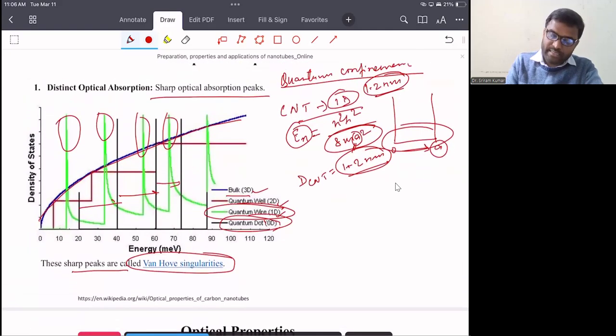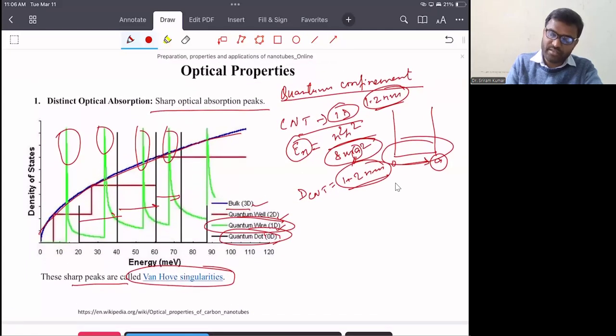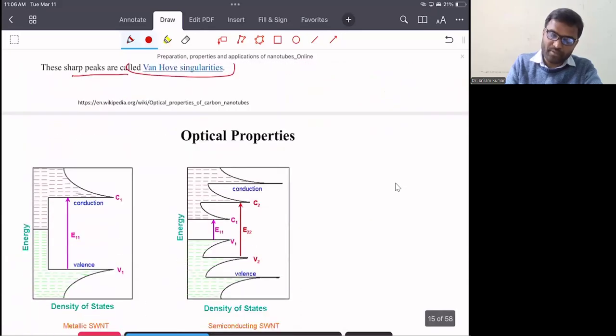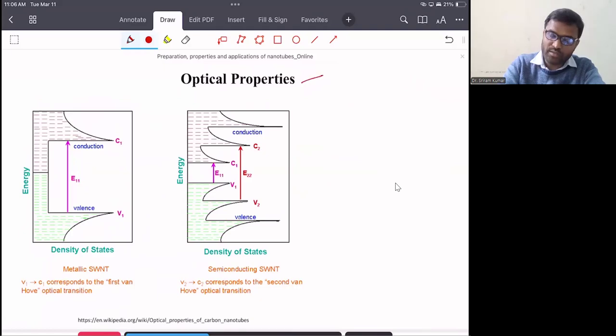So now let's understand transitions in CNT. We have two kinds of CNT: one is metallic CNT and one is semiconducting CNT. Based on the metallic CNT, we understand what transitions happen.